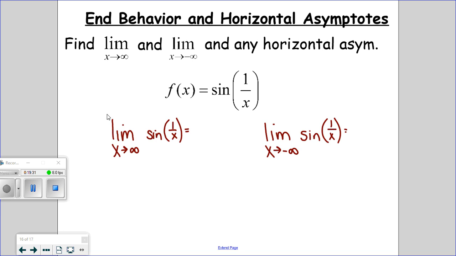Is this problem going to follow those rational function rules or hints that I gave a couple slides ago? Not really, because it's also including a trig function, right? So we're just going to think through it.